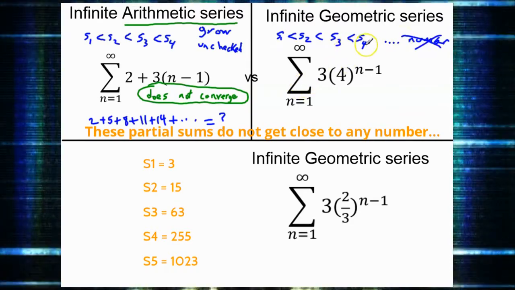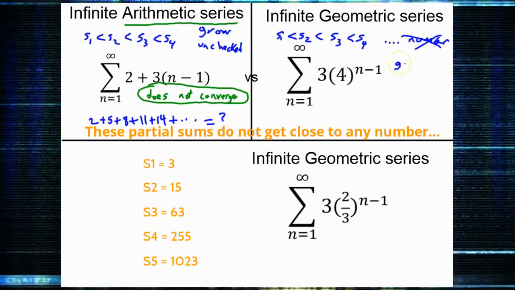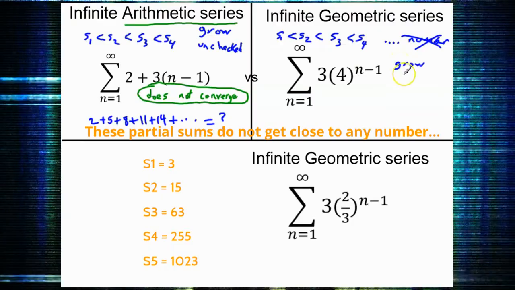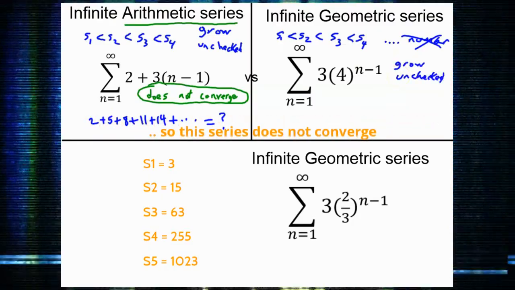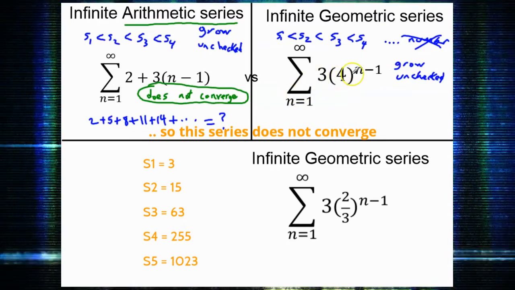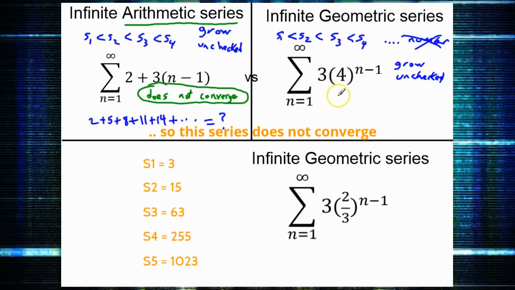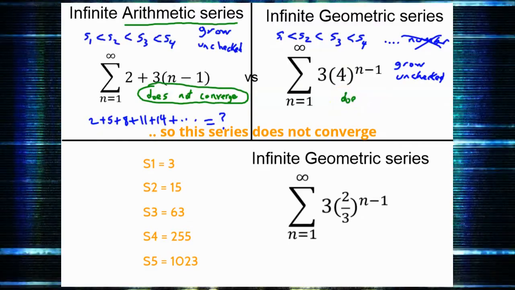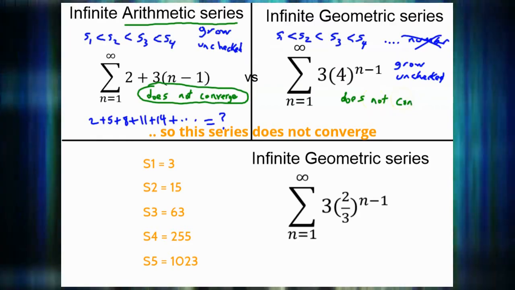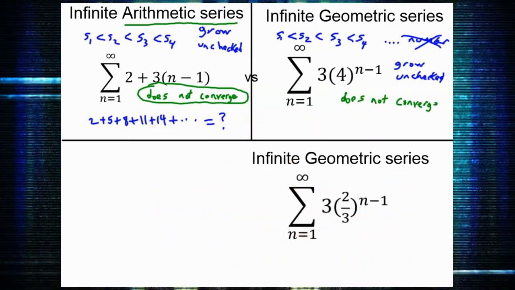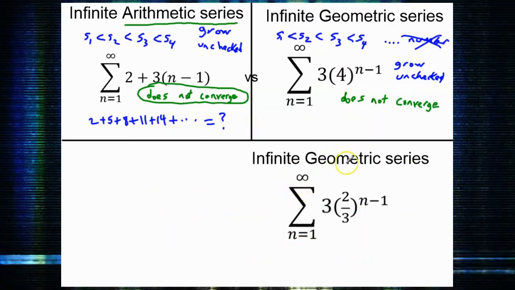Because it's going to keep growing unchecked, the series will not converge. Because the sequence of partial sums gets larger and larger, up to a huge number, we again say that this series does not converge.